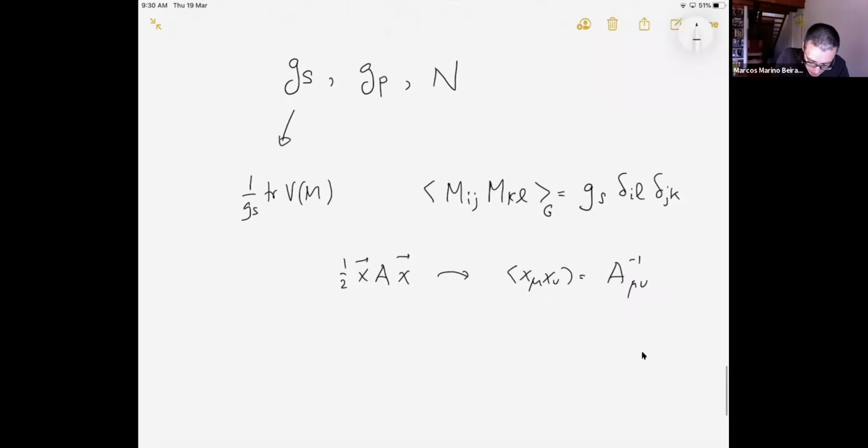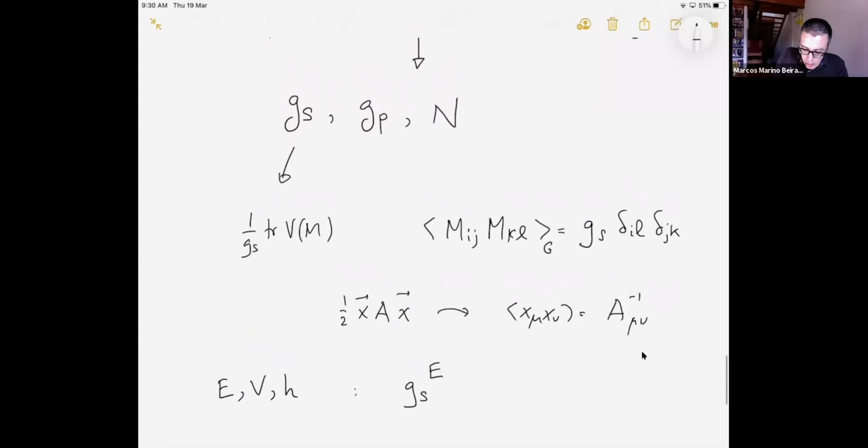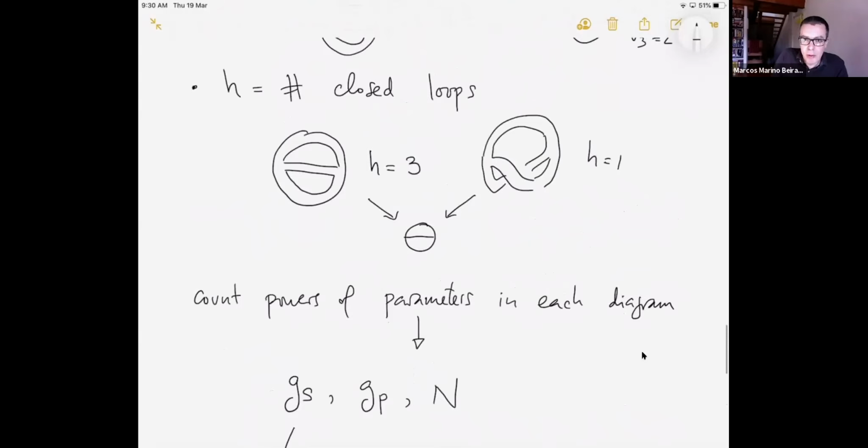So this means that if you have a diagram characterized by E, V, and H, each E gives me a factor of A inverse of this matrix, so it gives me a factor of GS. So I will have GS to the power of E. But every time we have a vertex, we have a power of 1 over GS.